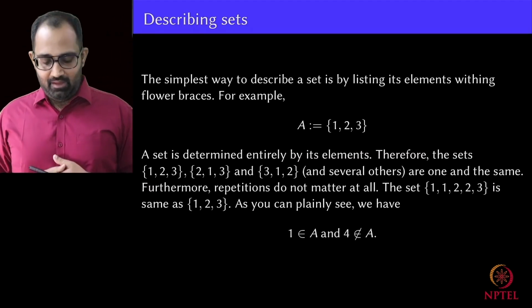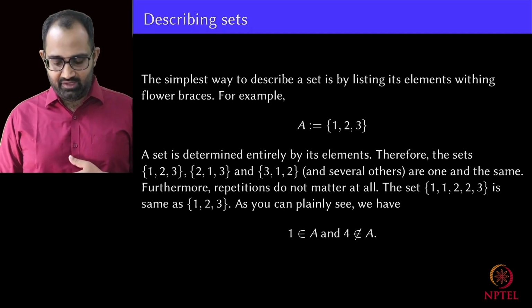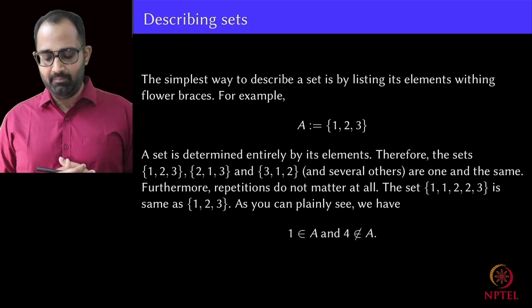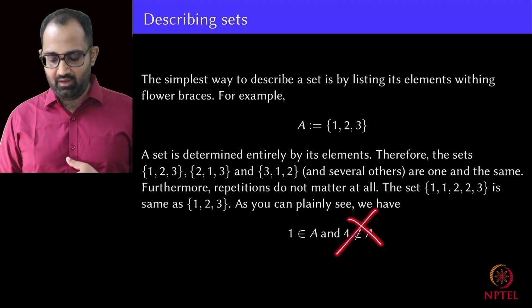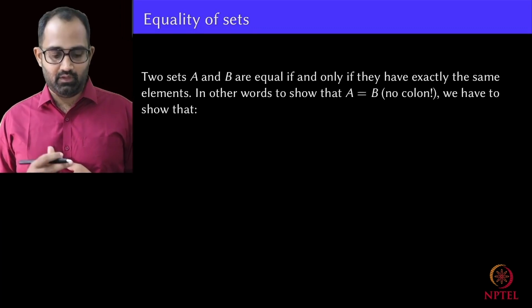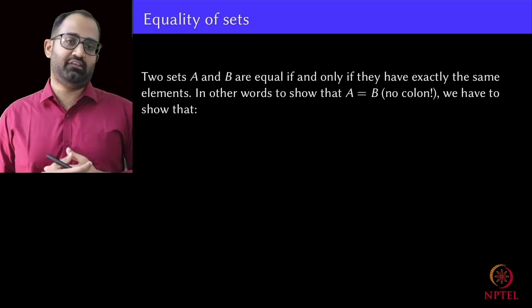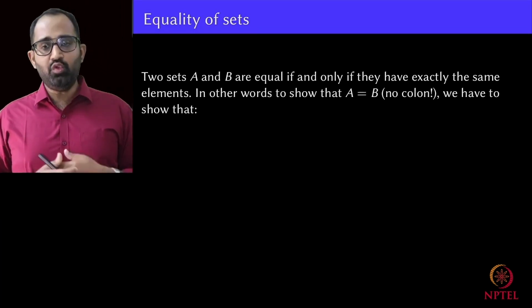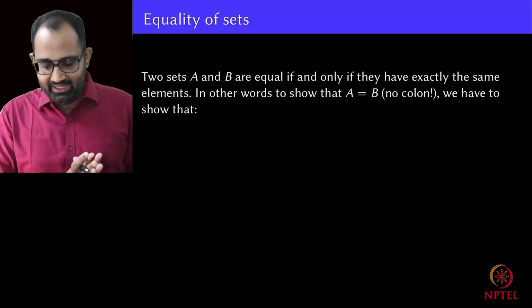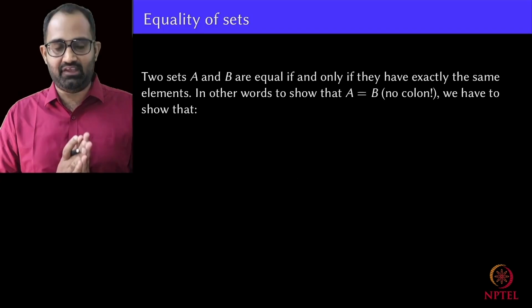As simple examples, you can now see that the set A has the number 1 as an element but does not have the number 4 as an element. Equality of sets. As I mentioned, two sets A and B are equal if and only if they have exactly the same elements.